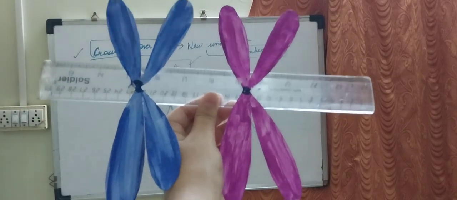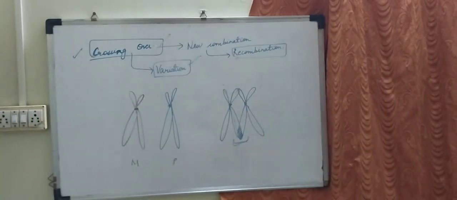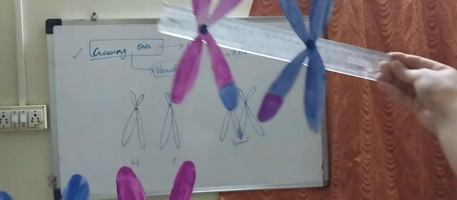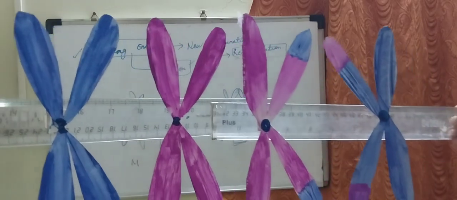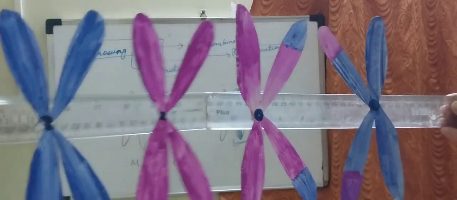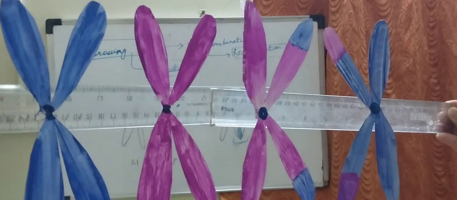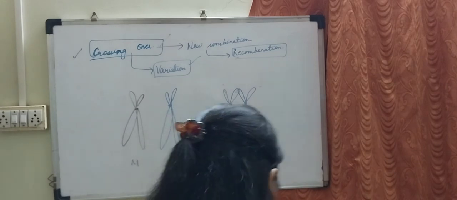Okay, and then you see these chromosomes. I will remove my hand. Just see this. You will get the understanding of what I was actually trying to explain. Okay, so I think this is clear.